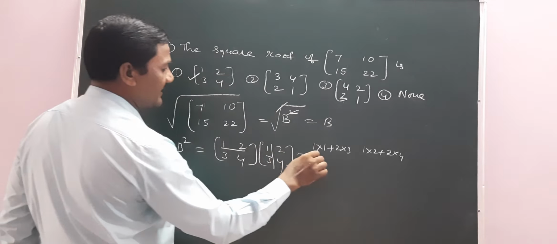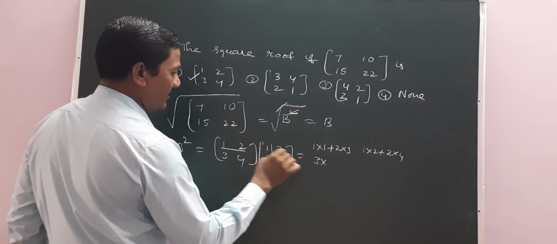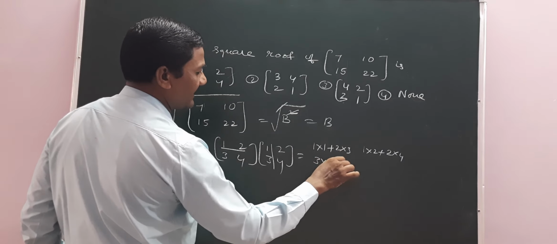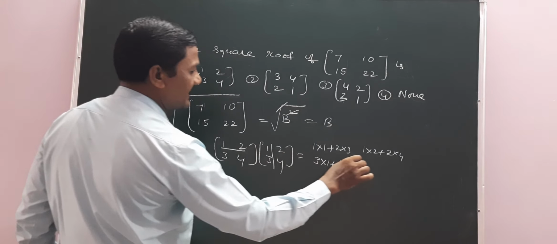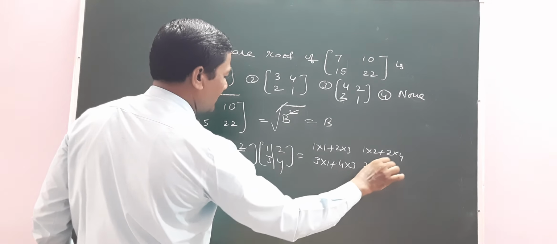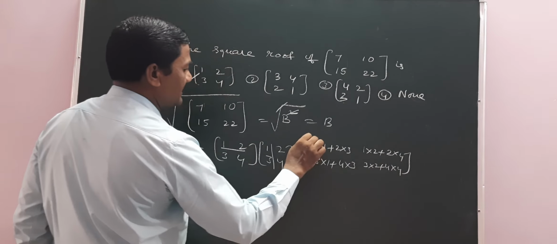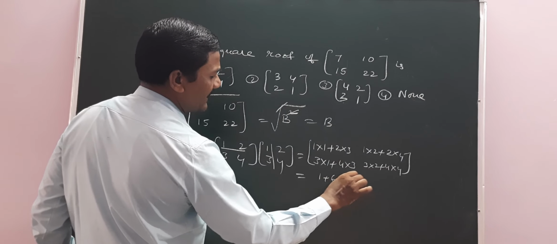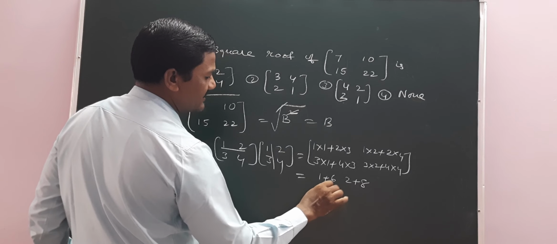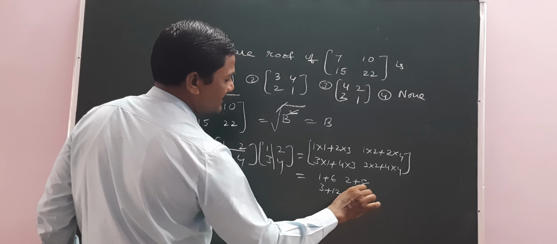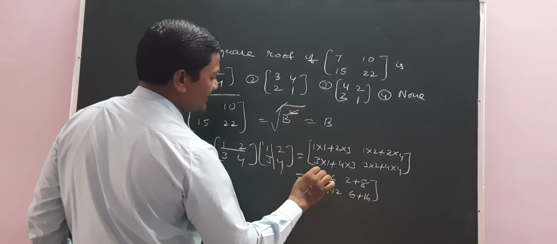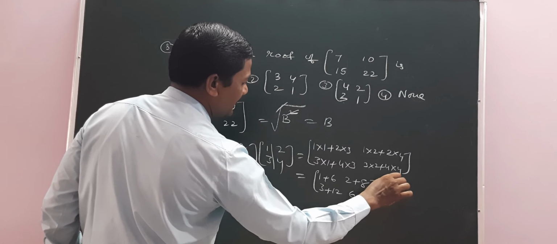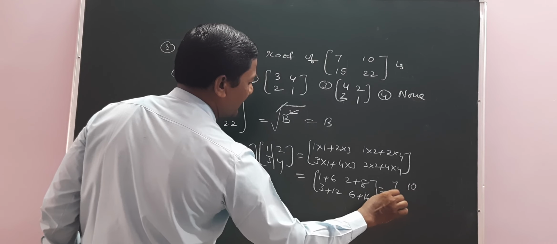Third one is 3 into 1 plus 4 into 3. And fourth one is 3 into 2 plus 4 into 4. So what is this? 1 plus 6, 2 plus 8, 3 plus 12, 6 plus 16. So the answer is 7, 10, 15, 22.